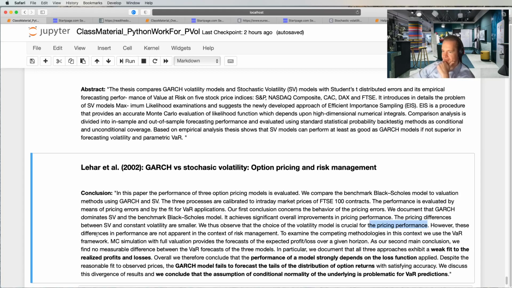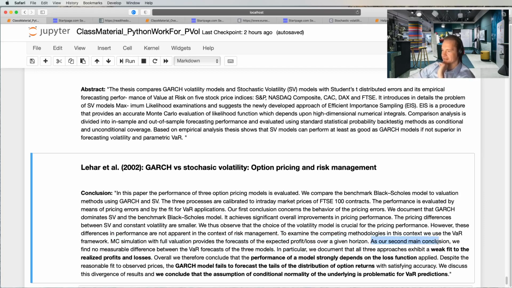However, these differences in performance are not apparent in the context of risk management. That's kind of awkward, isn't it? To examine the competing methodologies in the context, we use the value at risk framework. Monte Carlo simulation with full valuation provides the forecasts of the expected profit and loss over a given horizon.